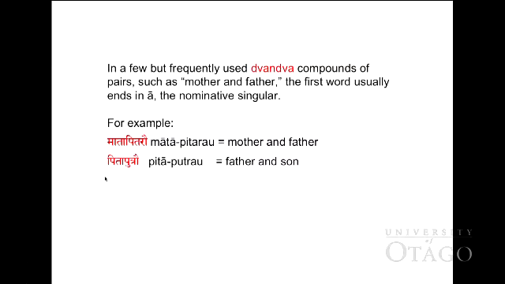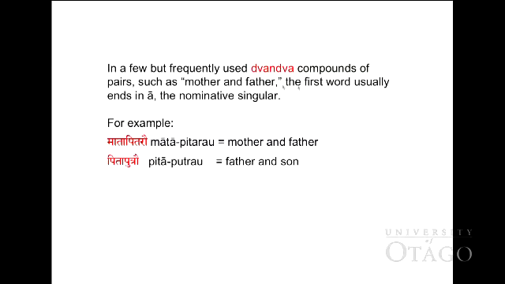In a few but frequently used dvandva compounds of pairs, such as mother and father, we have studied from last lesson 16 about the dvandva compound. In the itaretara dvandva, mother and father, we put them together and translate with "and": mother and father.